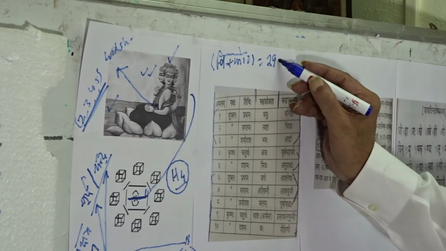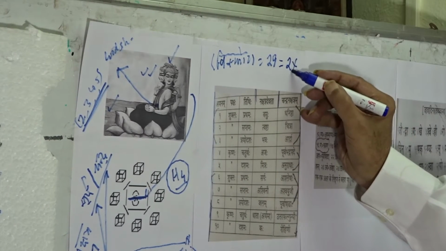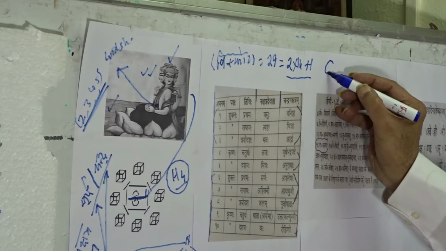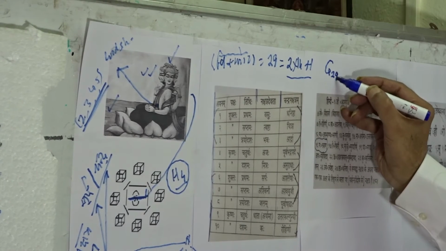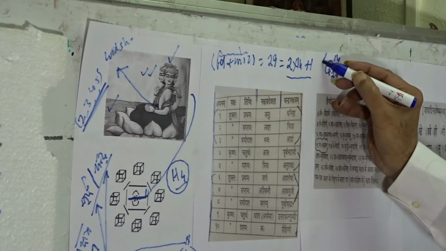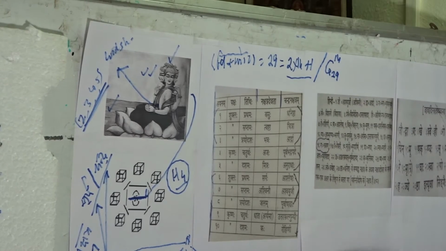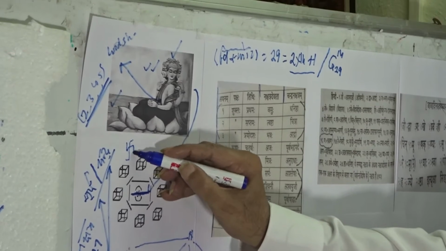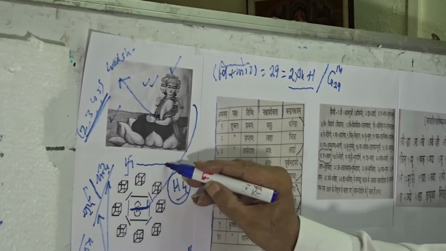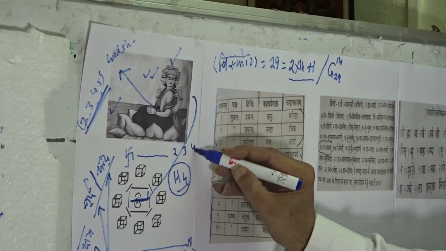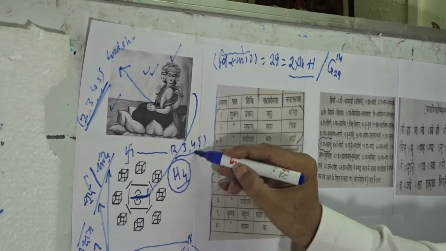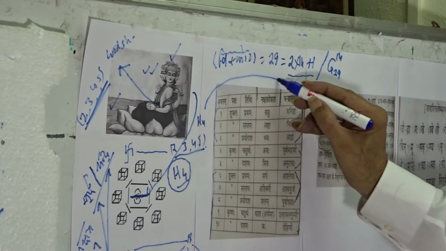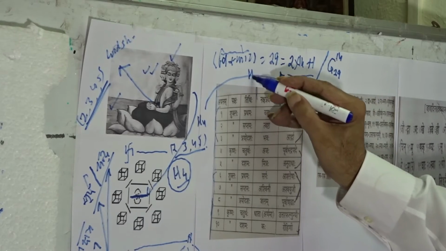Further we know 29 is equal to 2 into 14 plus 1, that means going to be geometry's range 29 of hypercube of 4. It is the second manifestation. 4 space is a creator space which is of a spatial order, and as such the initial manifestation is as 2, 3, 4 and 5, and at the next stage it is this hypercube 4, and it leads to the next stage of hypercube 14.